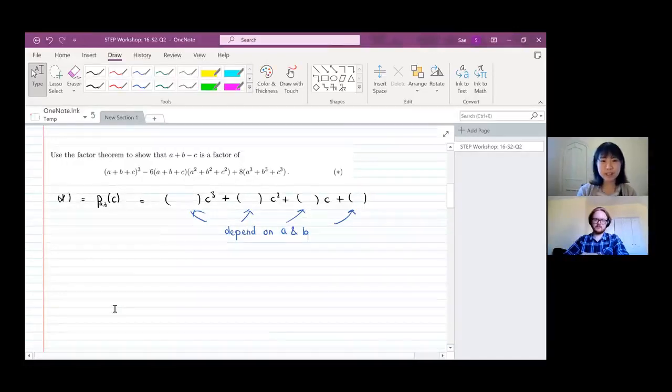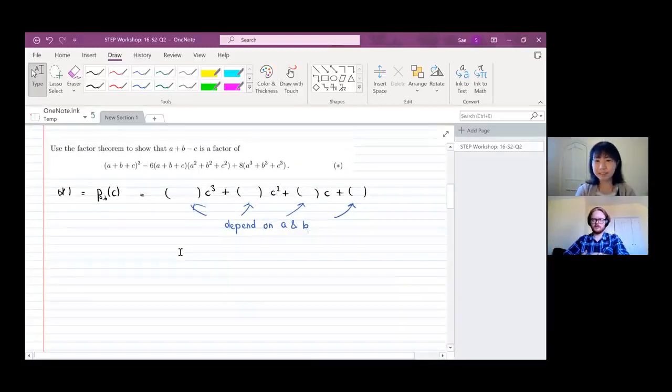And if you want to show that a plus b minus c is a factor of star, that's the same as showing that c minus (a plus b) is a factor of star. And well, that's precisely how we use the factor theorem, right?